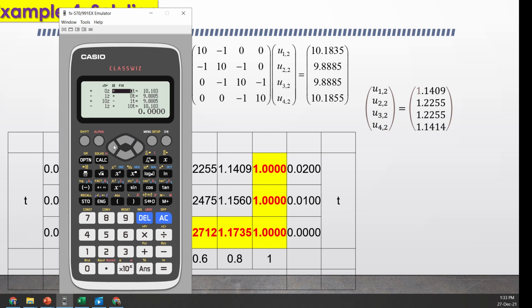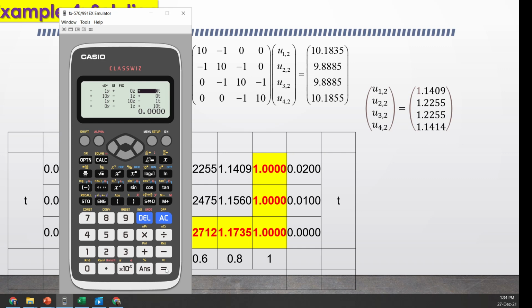The fourth column, 0, 0, -1, 10. The first column, 10, -1, 0, 0. The second column, -1, 10, -1, 0. The third, 0, -1, 10, -1. The fourth, 0, 0, -1, 10.